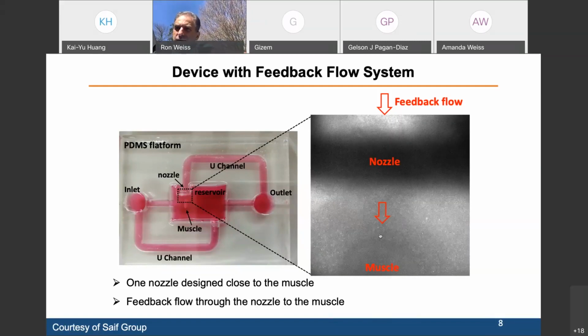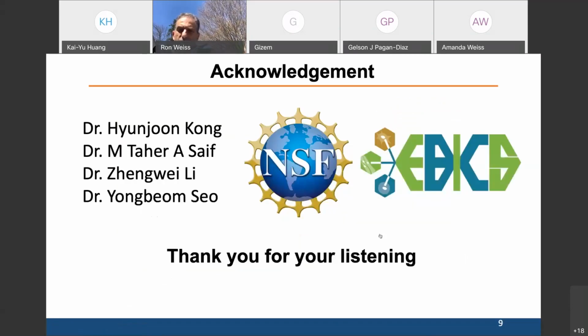We may enhance or decrease the pumping rate if the muscle ring can recognize some chemicals in this. I just want to propose some future ideas about these pumping systems, and if you have any ideas or questions, feel free to ask me and to discuss.